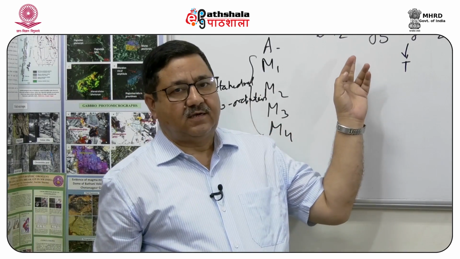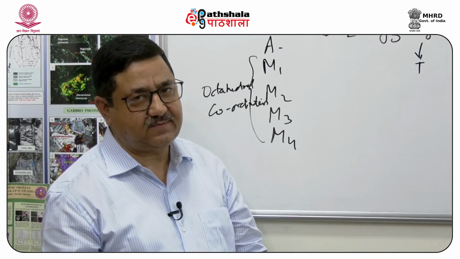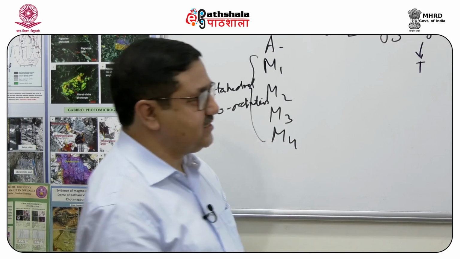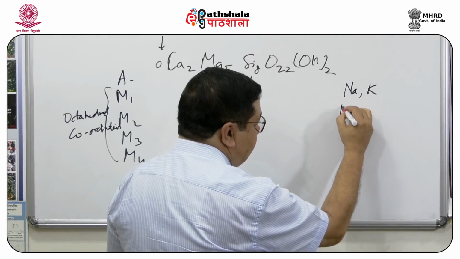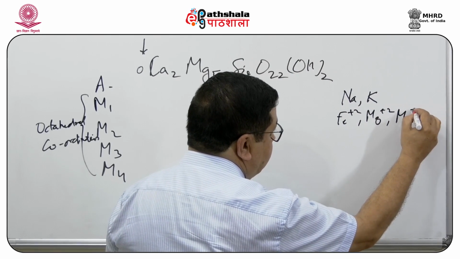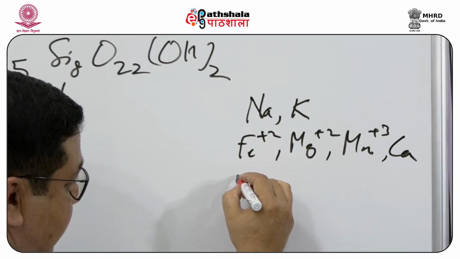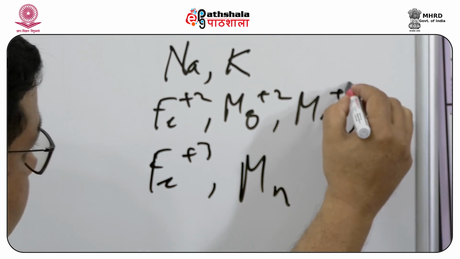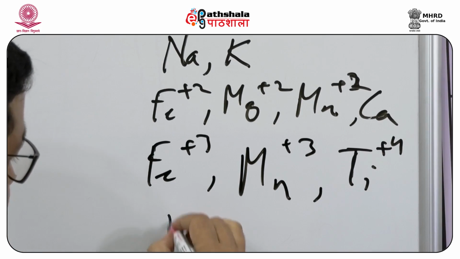Now, as the amphibole changes its composition, let us say during greenschist facies to amphibolite facies metamorphism, several substitutions take place, and the elements which enter these structures can be clubbed as sodium, potassium, iron, magnesium, divalent manganese and calcium, then trivalent iron, trivalent manganese, titanium and aluminium.